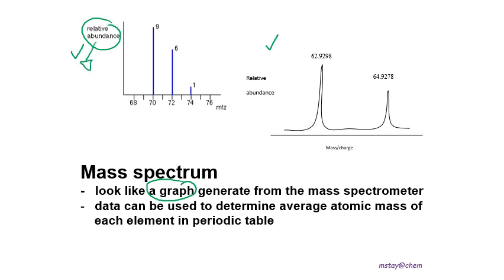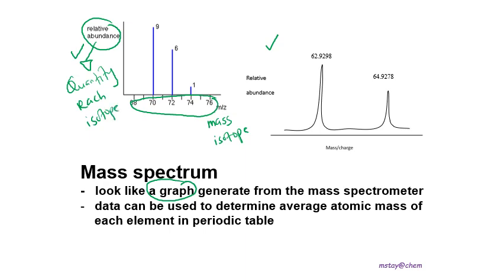In other terms, that represents the quantity of the isotope, while the x-axis represents the mass of the isotope.